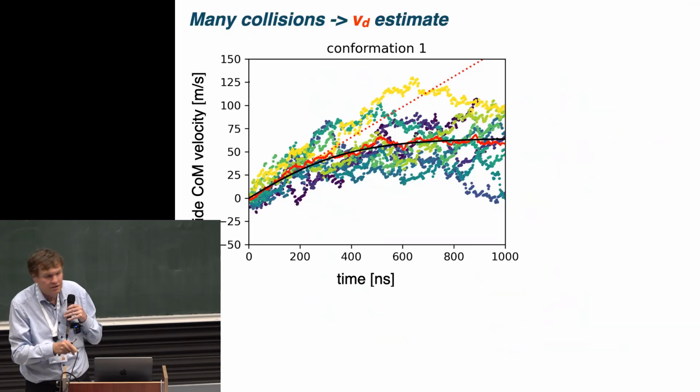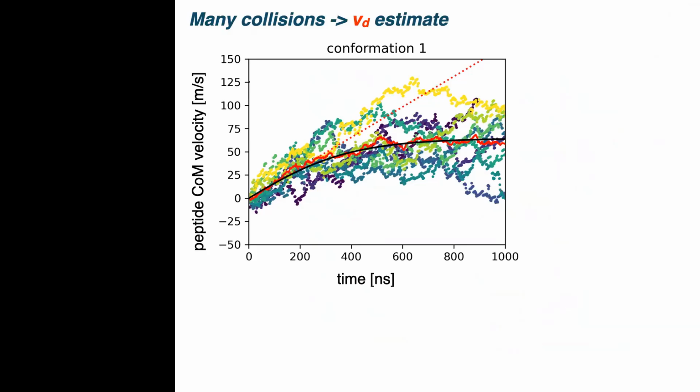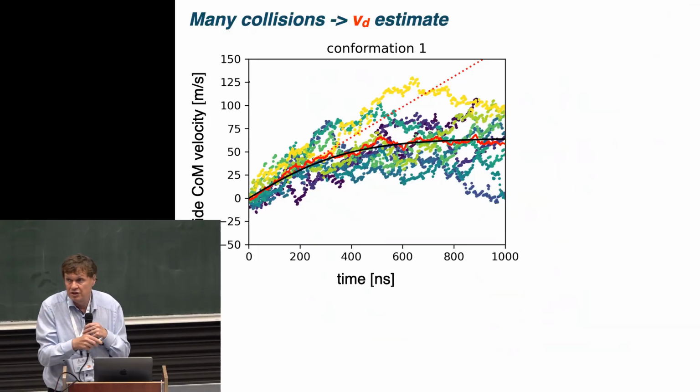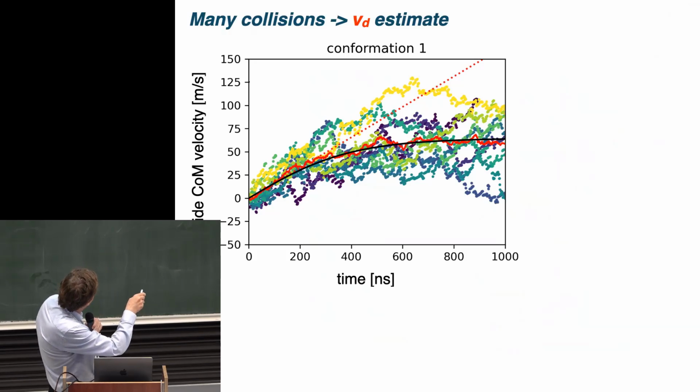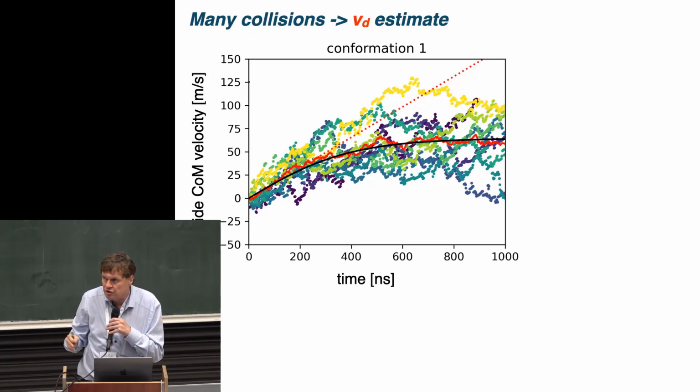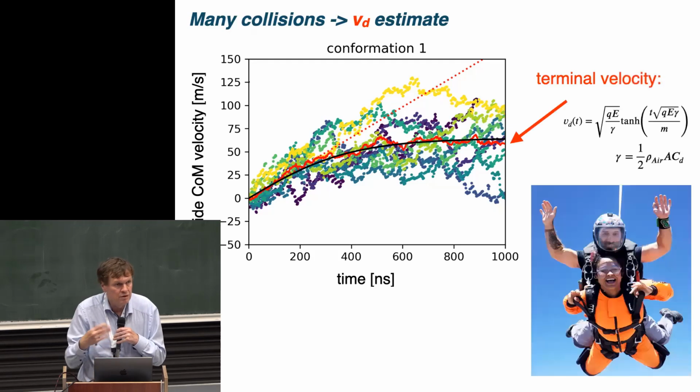I was mentioning this is quite a stochastic process, and what you can see here now is 10 different simulations in different colors. And you can appreciate if you wait long enough, we didn't wait so long here in the movies, but if you wait long enough, then your peptide gets accelerated. So this is the velocity here in meters per second, quite a bit, until it reaches a kind of terminal velocity, which is exactly what you observe in the drift chamber and what you also know from parachuting.